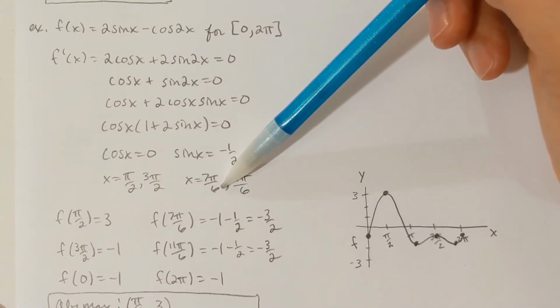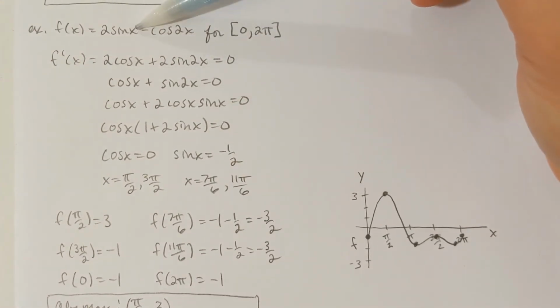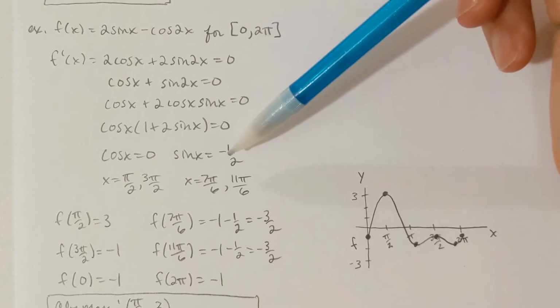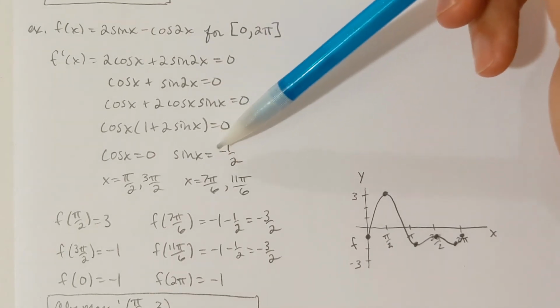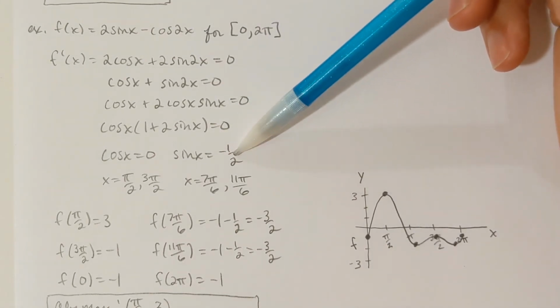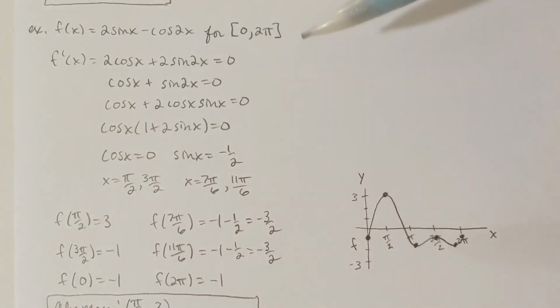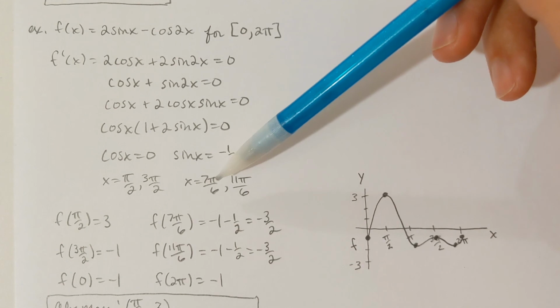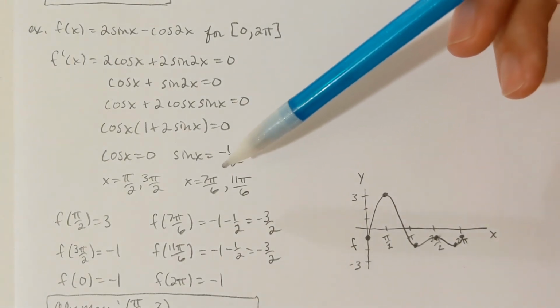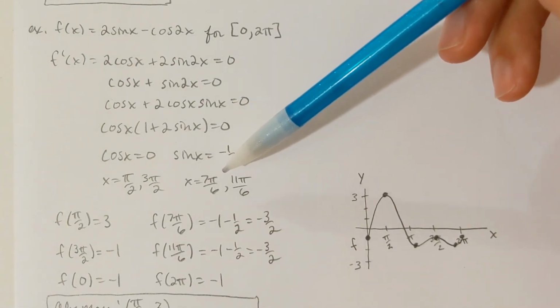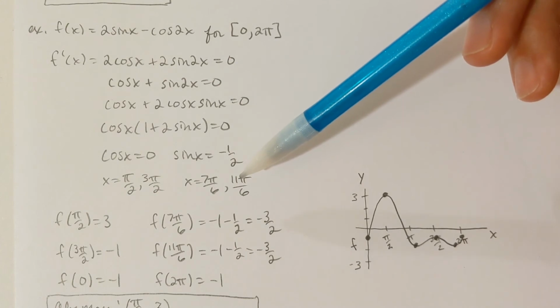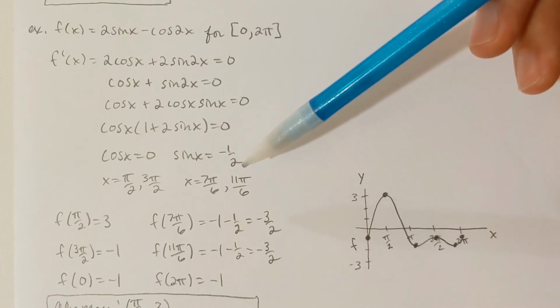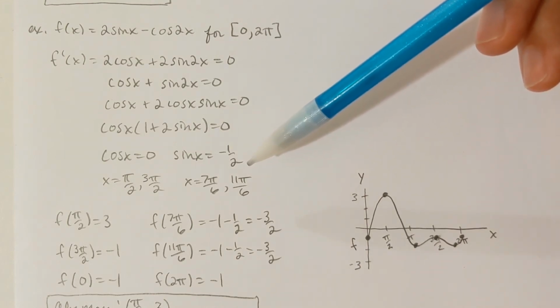How about if I plug in 7 pi over 6? Sine of 7 pi over 6 is -1/2, since that was a solution to this equation, right? Times 2 is -1. And then cosine of 2 times 7 pi over 6, well, that'd be cosine of 7 pi over 3. 7 pi over 3 would be the same radial line as pi over 3, and cosine of pi over 3 would be 1/2.